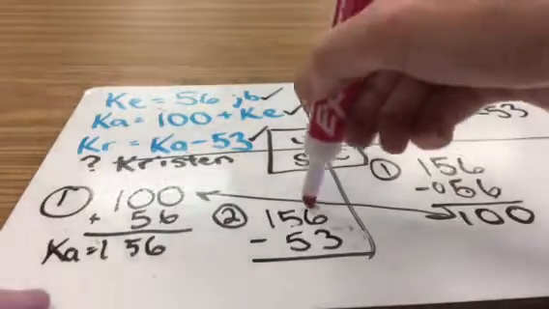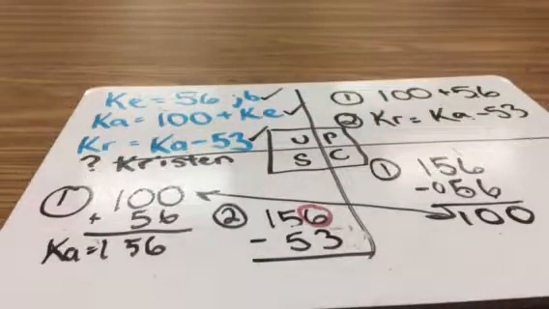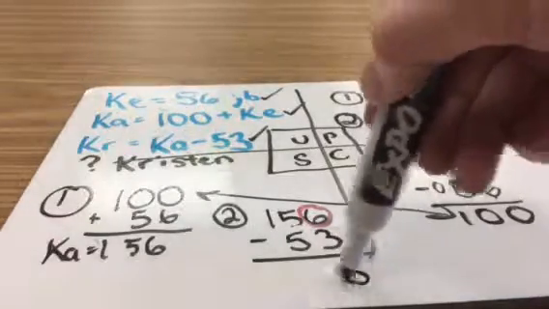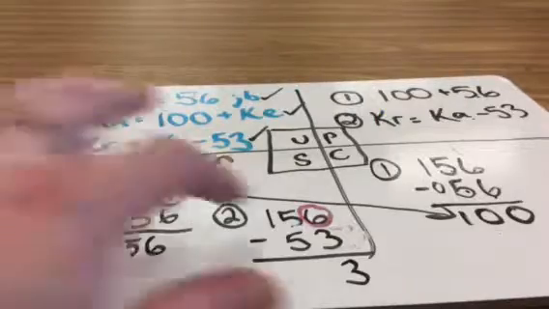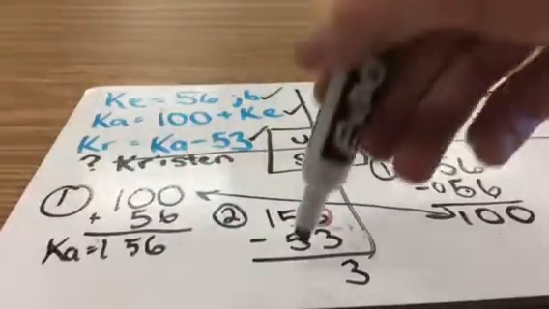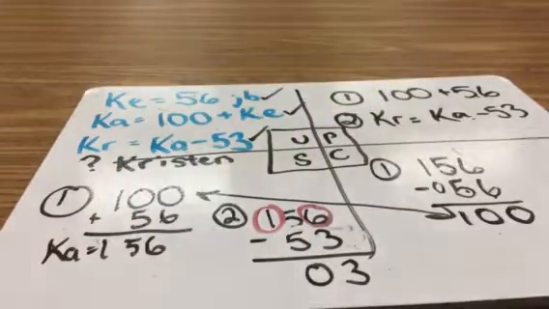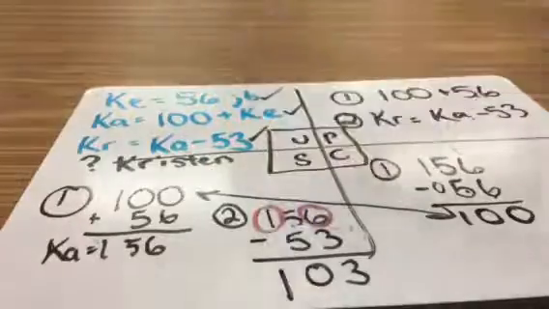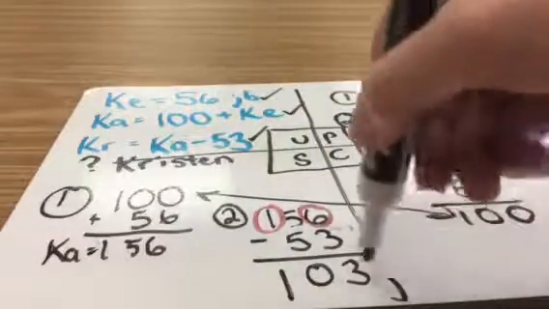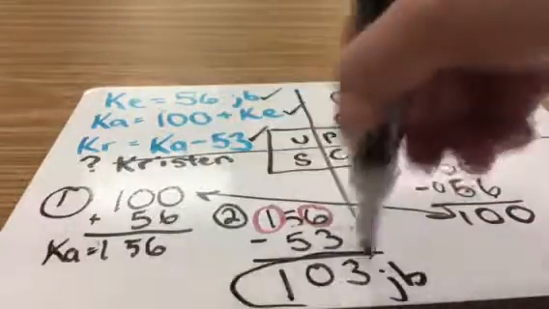That 6 is bigger than 3. So there's more on top, no need to stop. So 6 take away 3 is 3. Numbers the same, zeros the same. And 1 is going to be bigger because there's nothing there to take away. So 1 take away nothing is 1. So that would be my final answer, 103 jelly beans.